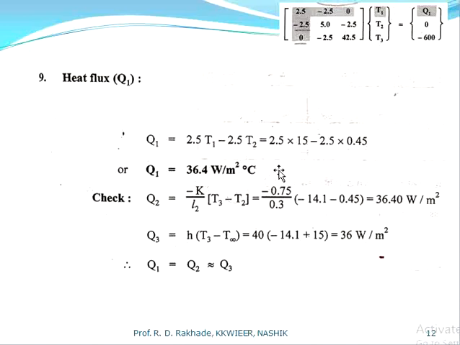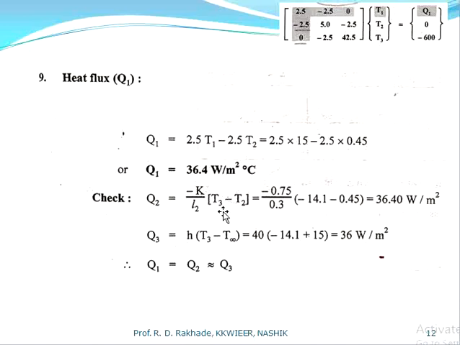So this is a steady state flow problem. That's why if you measure or calculate heat flux at any point, we'll get the same value, 36.4. So we can check also. At Q2 and Q3, we know the global stiffness matrix, we can easily generate.